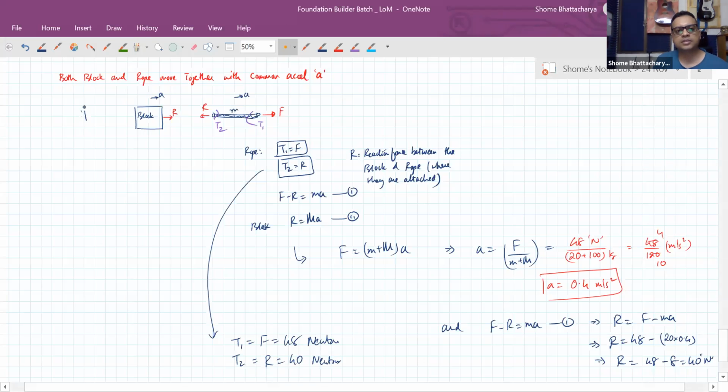So free body diagrams, that was part 1. Then we found out the acceleration of the blocks from this. So this was the answer of part 2. And then we resubstituted this here. So this was part 3.